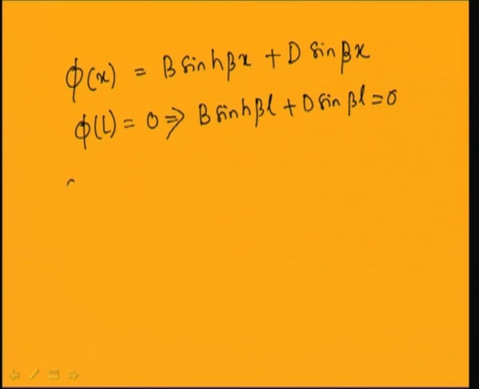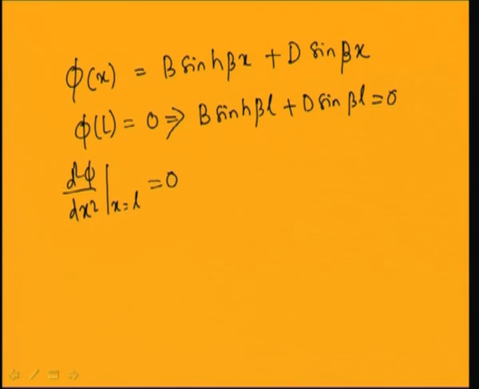Similarly, d square phi by dx square at x equal to L equal to 0. This is from the bending moment. If I differentiate this expression twice, this becomes B beta square sinh beta x, but this becomes minus D beta square sin beta x.